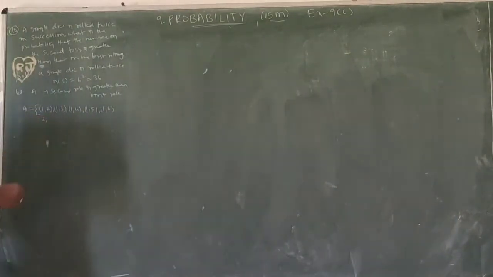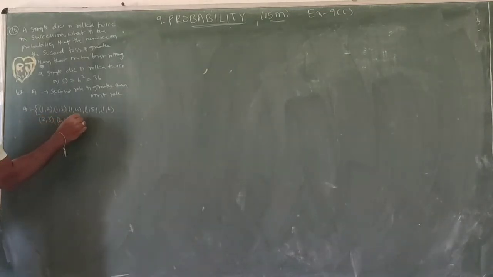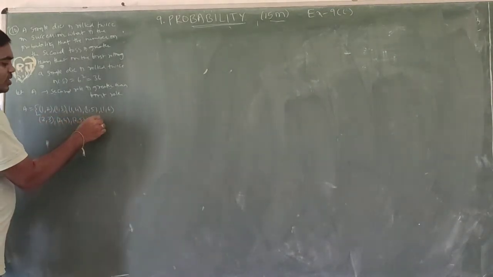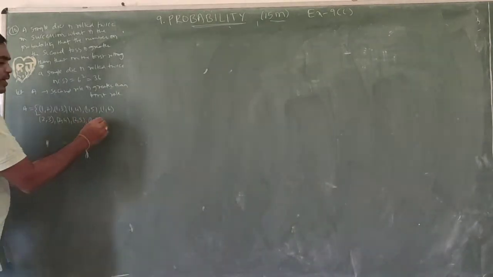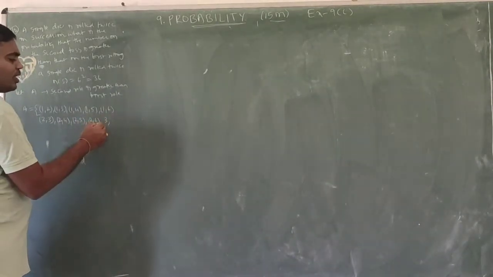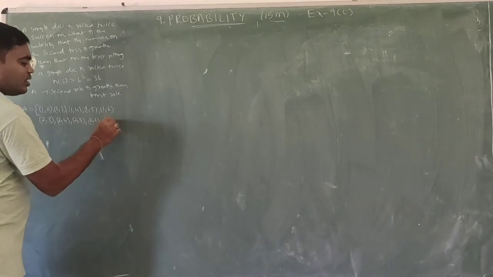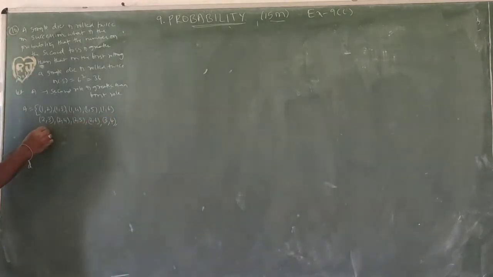Next, 2: 2 1 we won't take, 2 2 is also equal. 2 3, 2 4, 2 5, 2 6. Next, if we are taking 3, 3 1 we won't take. 3 2, 3 3. Next 3 4, 3 5, 3 6.